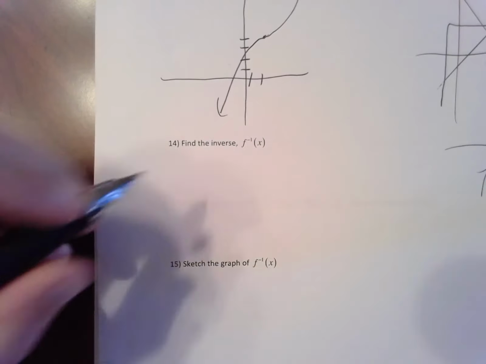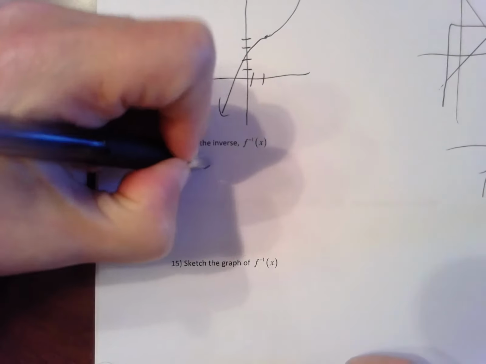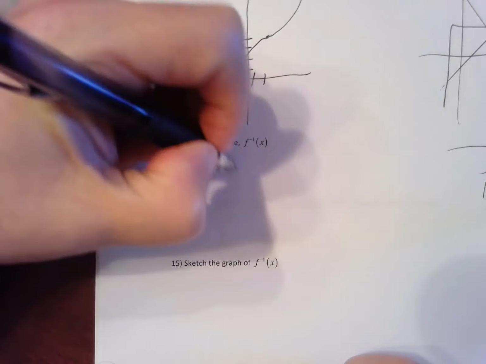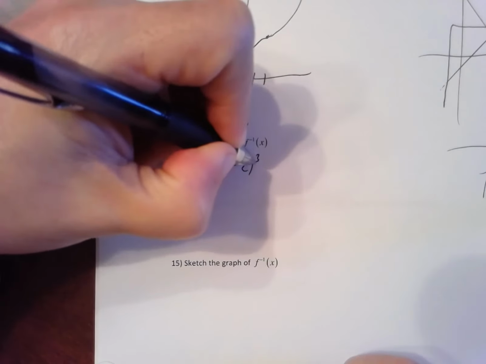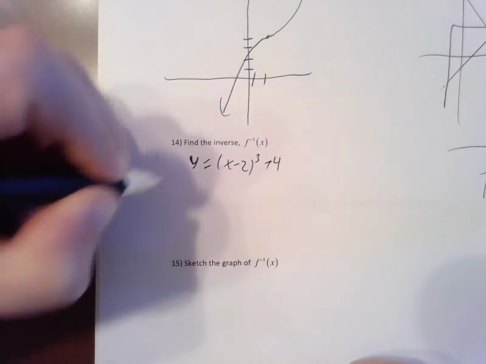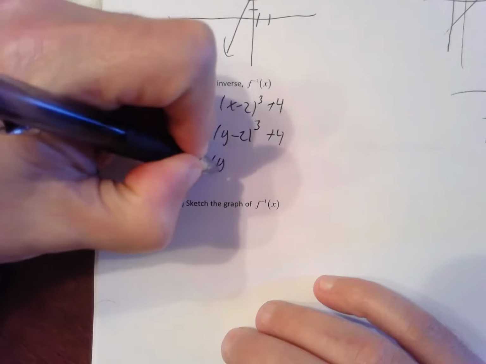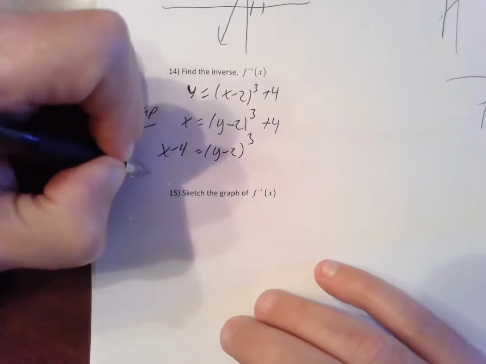Okay, now we're going to find the inverse. So the first thing we do is change the f of x to y. Swap x and y. X equals y minus 2 cubed plus 4. Move the 4 over. Take the cube root of both sides.